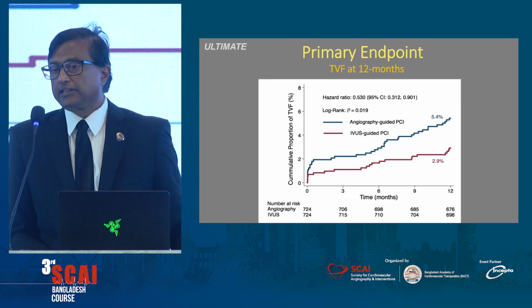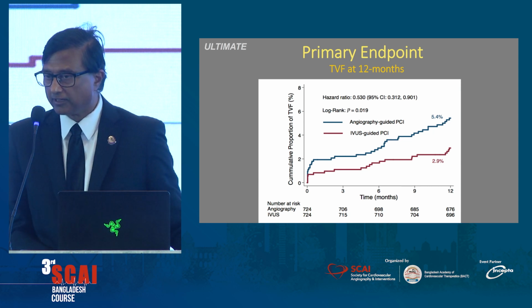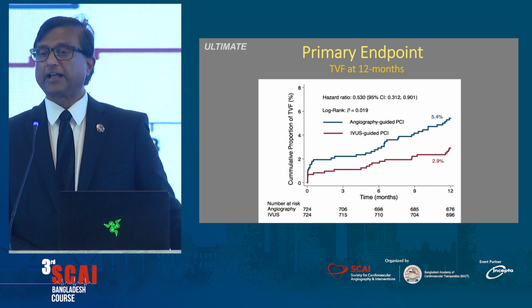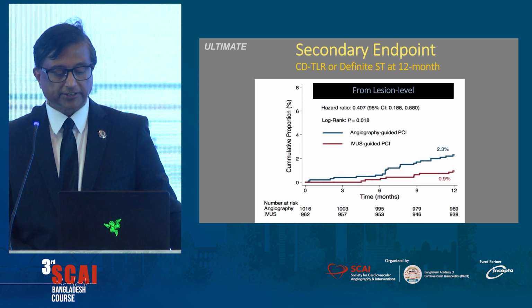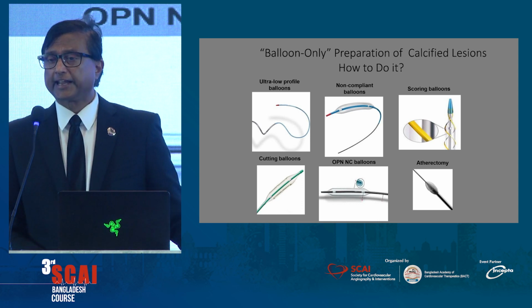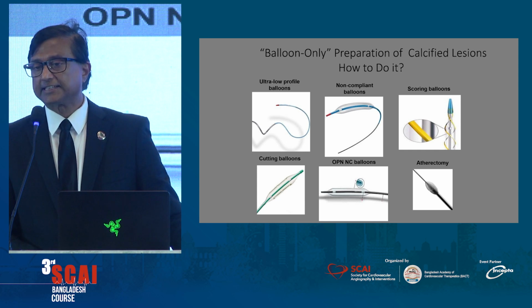And I don't need to tell this audience that imaging is better. In the ULTIMATE trial, that's conclusively showing, I think there is no need to fight on that. But the question remains, how do we prepare, and can we follow a simple algorithm after assessing the lesion?